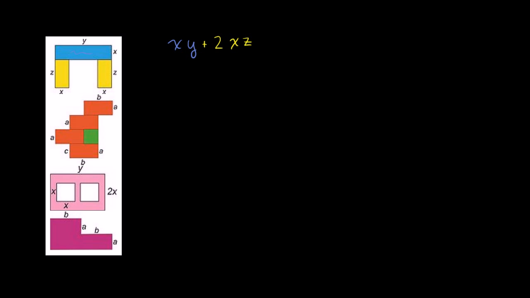Now let's do this next one. What's the area here? Well, I have an a times ab. This looks like an ab again, plus ab, plus ab. And I think they've drawn this a little bit strangely. Well, I'm going to ignore this c right there.